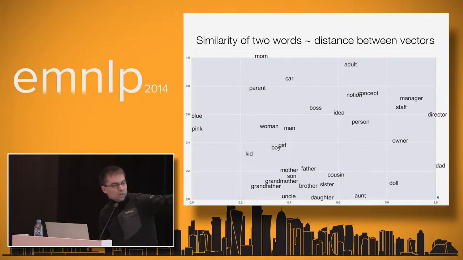So you see boy and girl are close to each other, blue and pink are next, and they're colors. And just for the sake of demonstration, you can also see relations here. Woman to man is similar to what mother to father is.